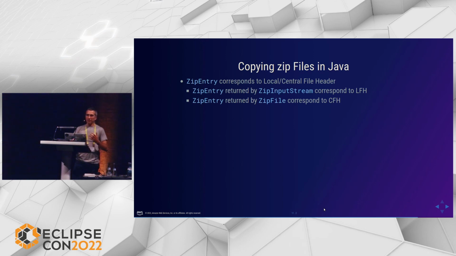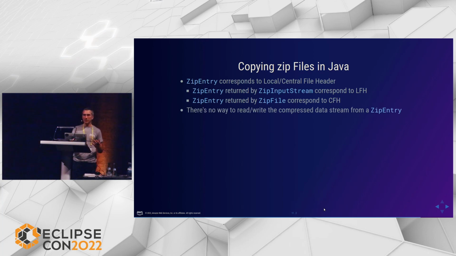So what's the problem here when we use an alternative zlib implementation? ZipEntry is actually the class which corresponds to a local and central file header in Java. And zip entries are returned either by ZipInputStream or by ZipFile. ZipInputStream always corresponds to the local file header or the data descriptor, while the ZipEntry returned from ZipFile corresponds to the data from the central file header.